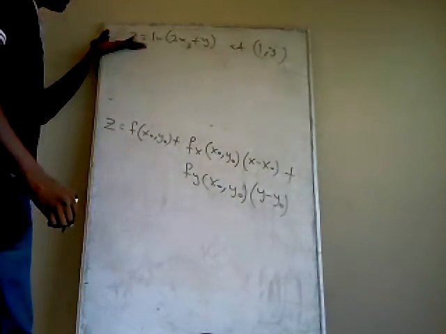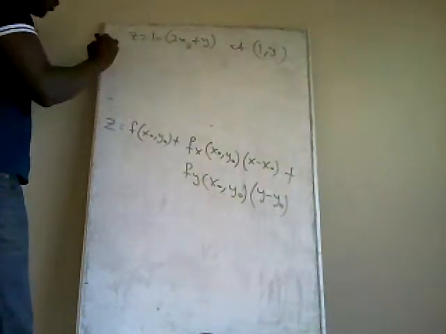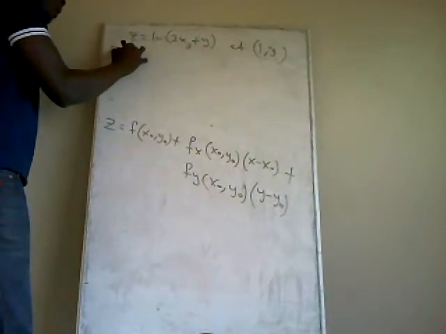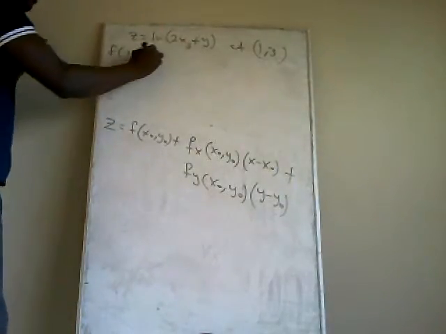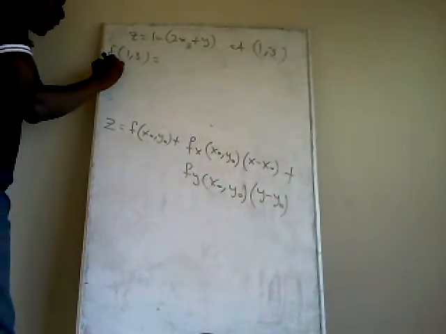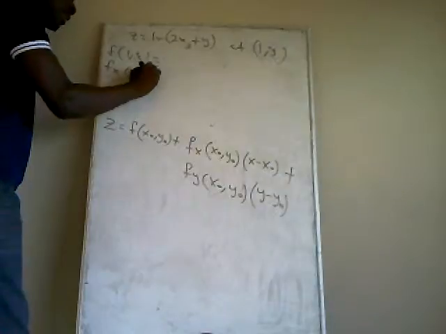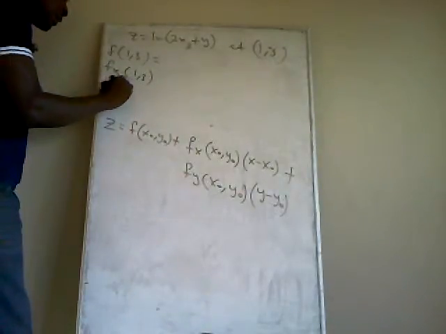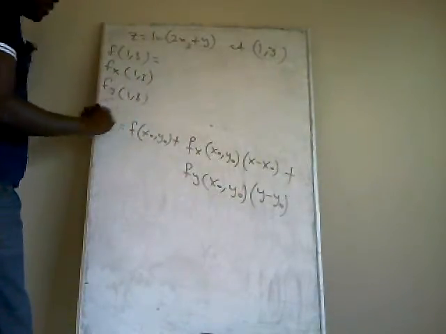First we need to evaluate this function at -1, 3. So I need f at -1, 3. Next, I need fx at -1, 3 and fy at -1, 3.